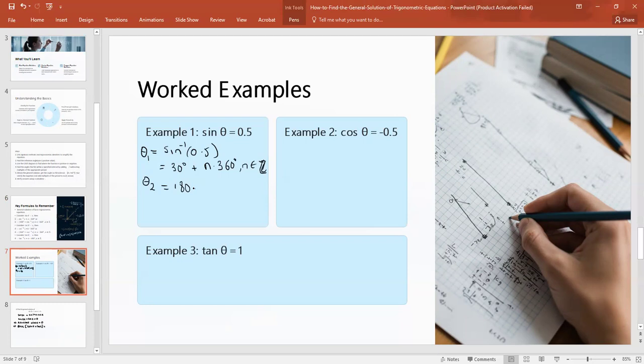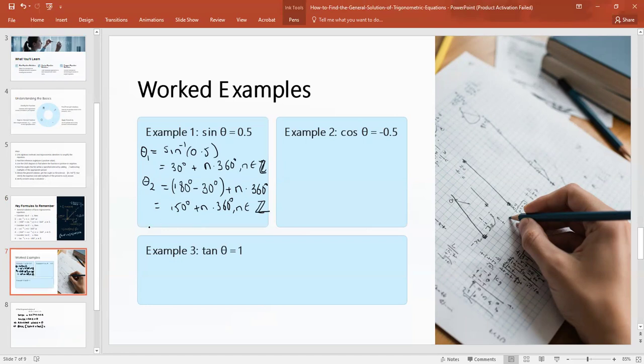Don't forget to add a multiple of 360 degrees simply because sine is periodic over 360 degrees. So we're going to have this as 150 degrees plus n times 360 degrees, whereby n is an element of the integers.